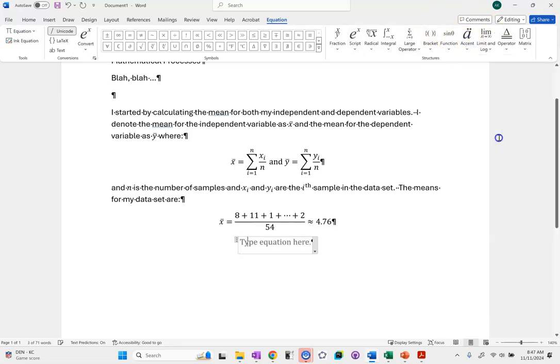And then we'll do the same thing. We'll say y bar equals, and I'll do my fraction, just making up some numbers here. These aren't coming from anywhere in particular, just some made up numbers.